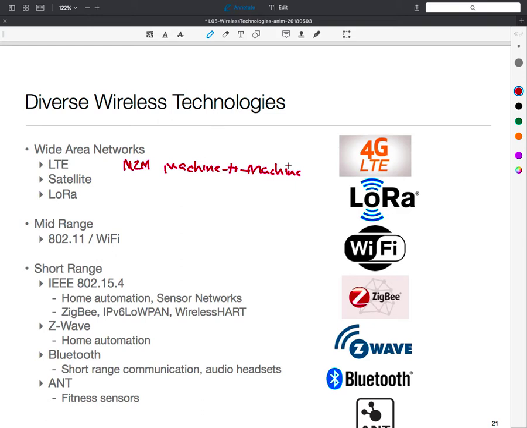But the new kid on the block lately is something called LoRa, long range, that's what it stands for. Its target is city scale networks, which are designed to be extremely power efficient. It actually uses essentially a form of Wi-Fi.